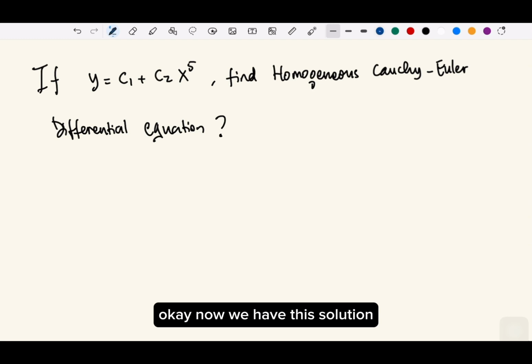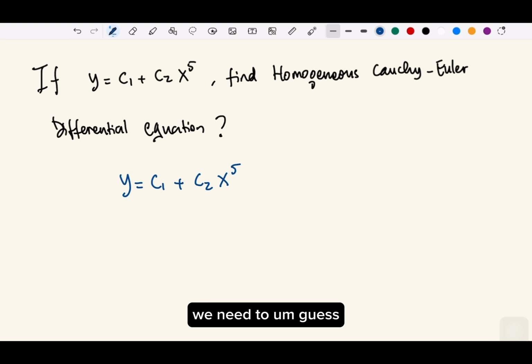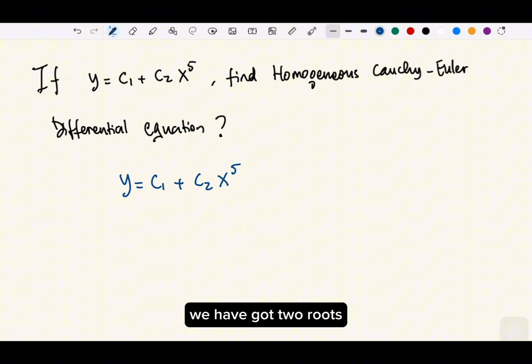Okay, now we have this solution: y equals c1 plus c2 x to the power of 5. Now we need to guess. We are going to have two roots, right? We have m1 and m2.